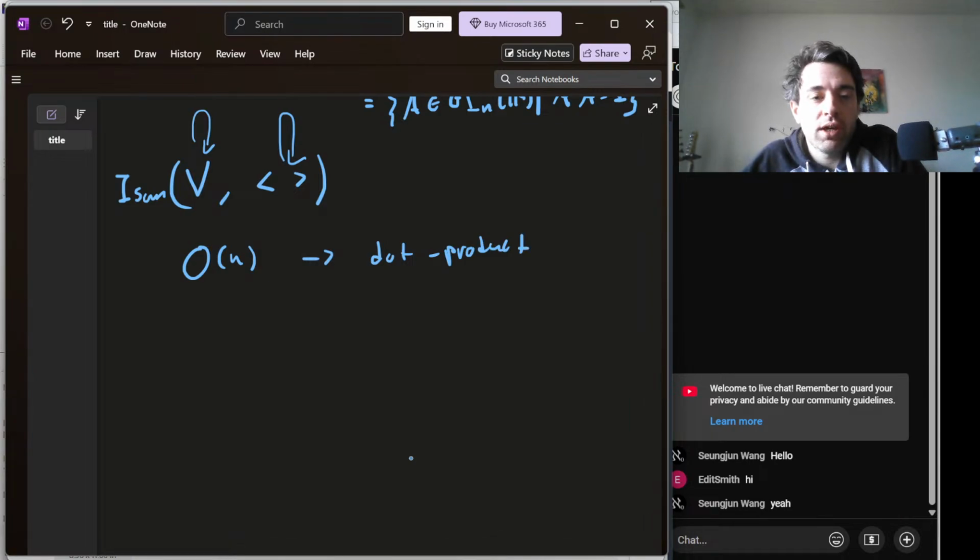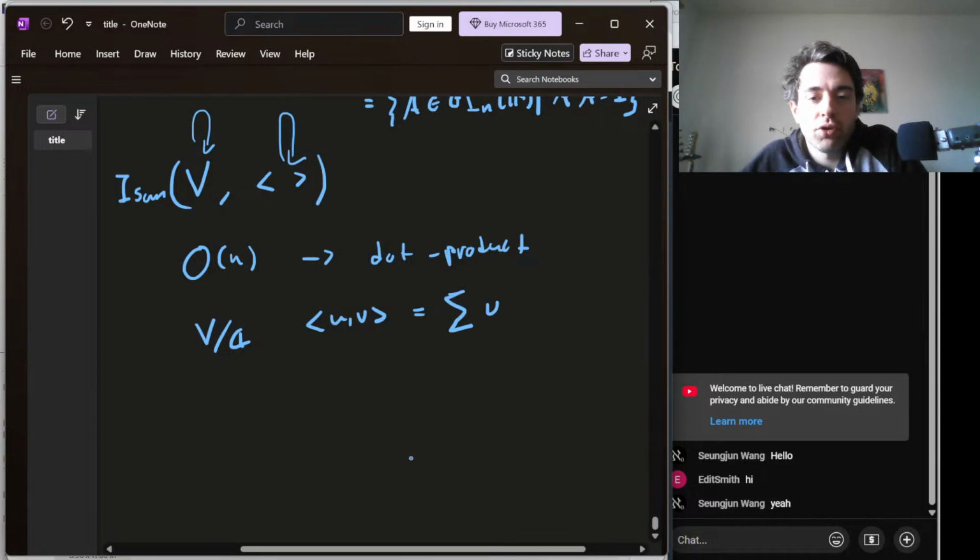So let's look at a complex vector space, and let's look at the Hermitian inner product. Basically this is the one where you sum over u and v conjugate, the entries of the vector.